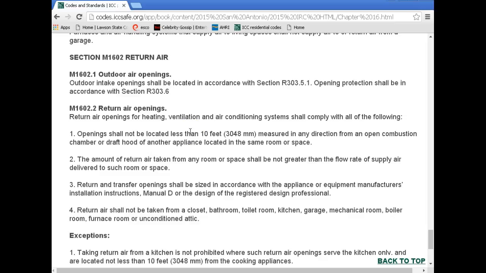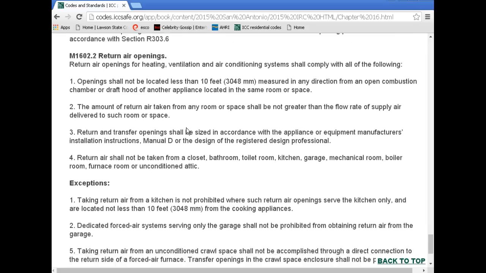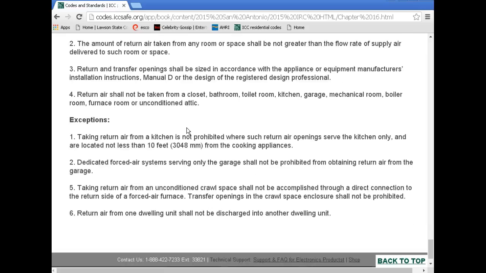1602.2, which used to be entitled prohibited sources, is now just return air openings, and it says for heating, ventilation, and AC shall comply with the following. So let's look at these. We got 4, 2 exceptions. Well, how many exceptions we got? 4. Oh, we got a lot more.